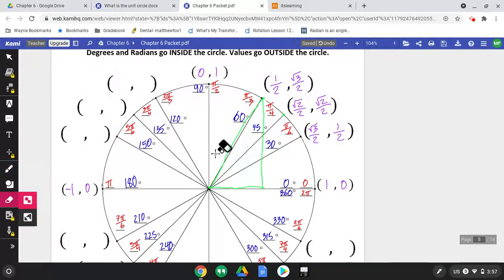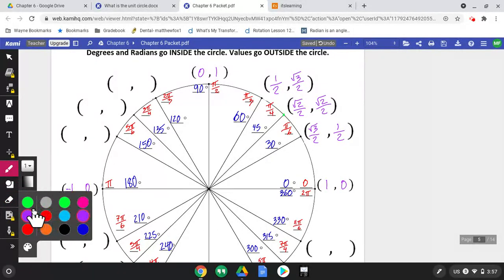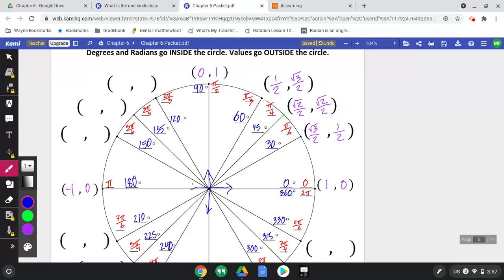Now, we could continue with this logic all the way around, but keep in mind, we know that this is proportional. We already figured out the gaps are the same. So as we do this, if we think about it, when we have our coordinate plane, this is our y-axis, this is our x-axis. Hopefully you know that x is positive to the right, negative to the left, y is positive up, negative down.